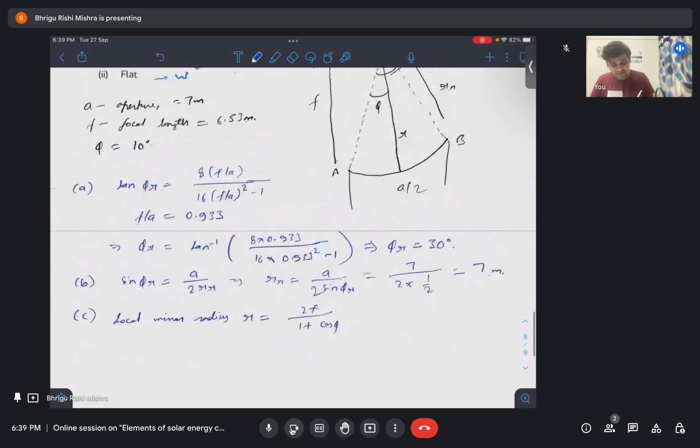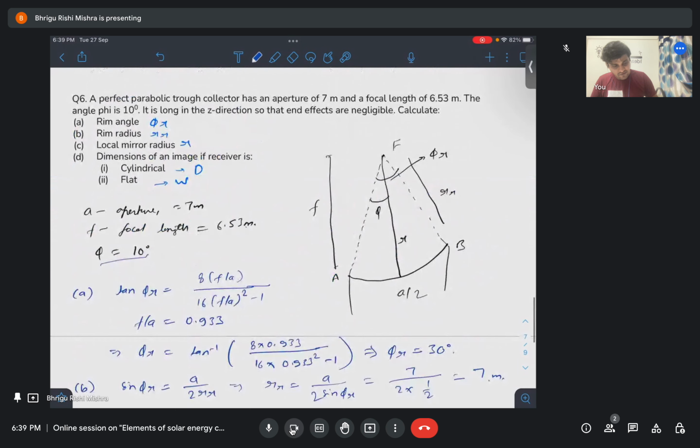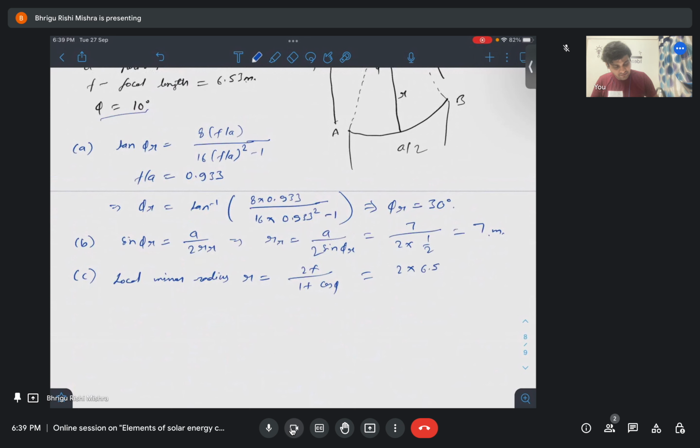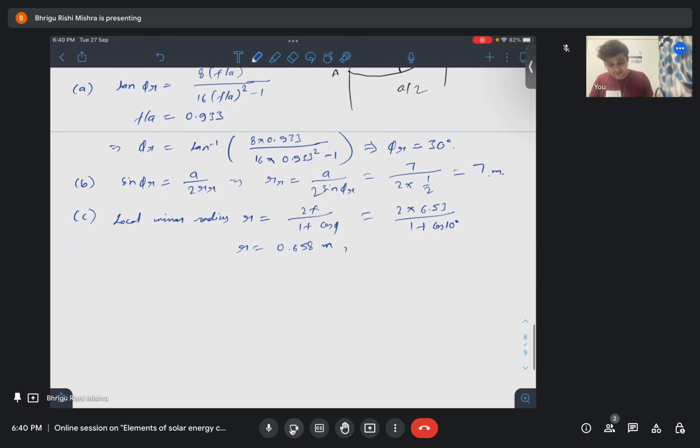We are already given phi equals 10 degree, so we can put in all the values. f is 6.53, and 1 plus cos 10. If we solve this, we get r as 0.658 meter. So the local mirror radius is 0.658 meter.